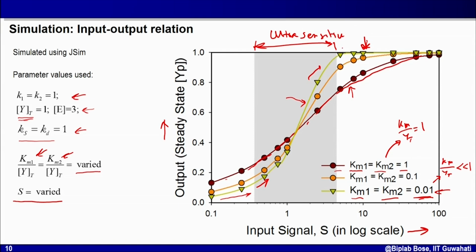Whereas at the higher values of S, Yp remains almost constant at 1. So that means this region is insensitive. Similar insensitivity is at the lower end also. Here also it is less sensitive.